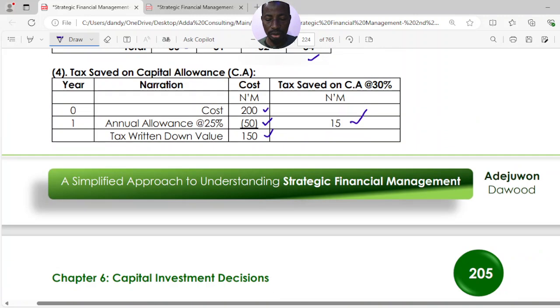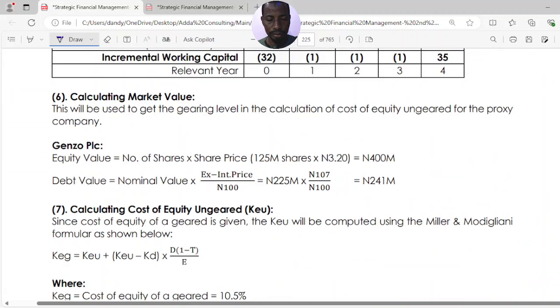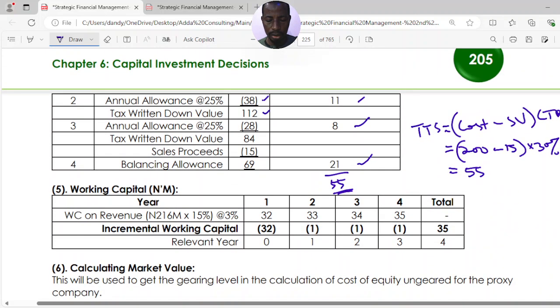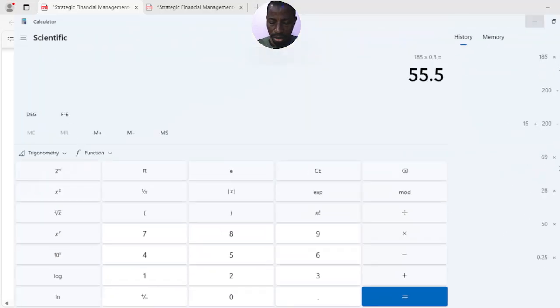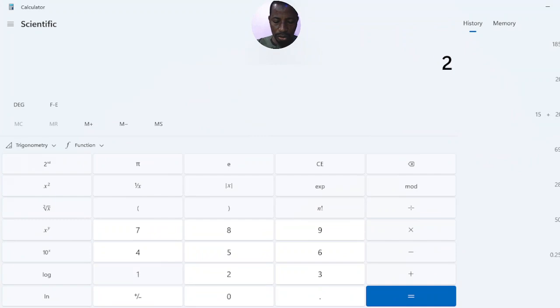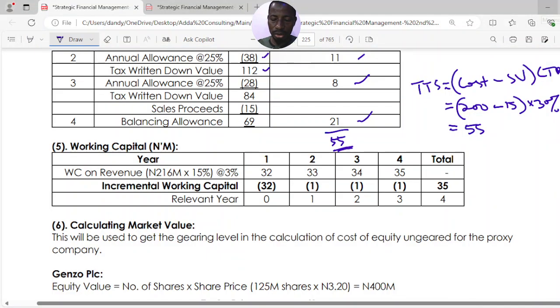So 15% on 216 million will be equal to, let's do the working, 216 multiplied by 0.15 equal, that's 32. So that's how we arrive at this 32 you see in the first year. All right, not that one. The 32 you have here.